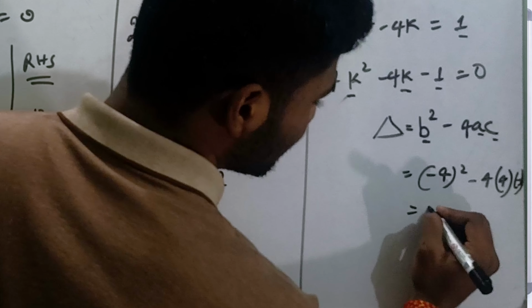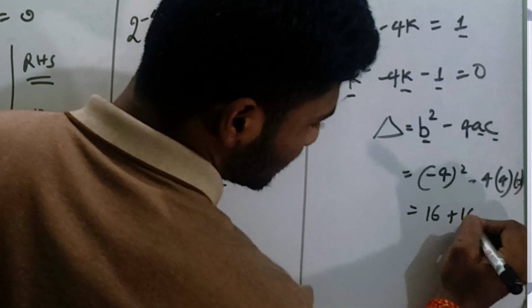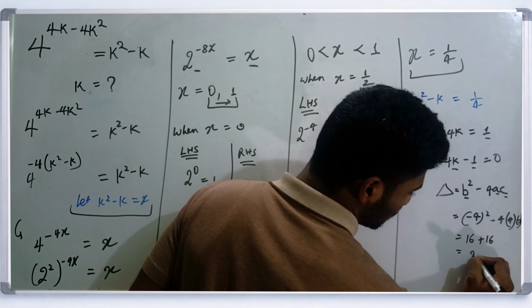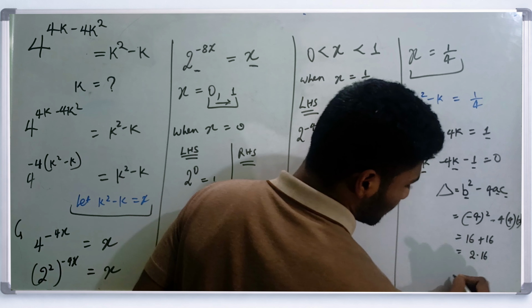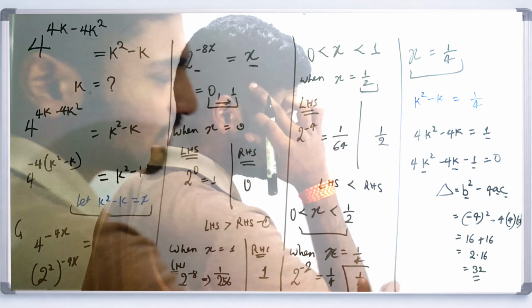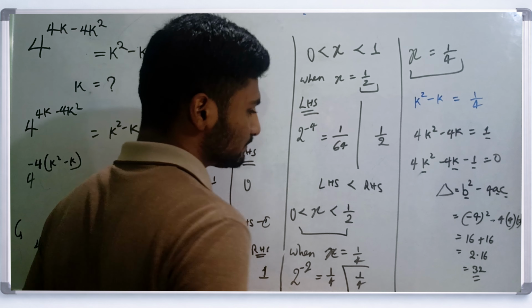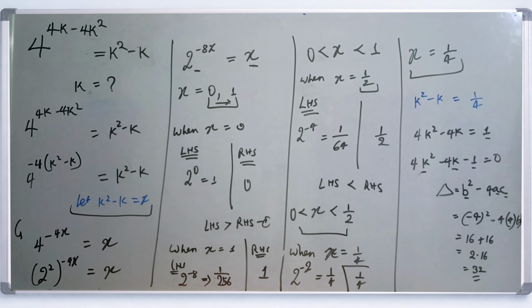So we are going to get 16. This minus and this minus cancel out, and plus 16. So we get 2 times 16, which is equal to 32. And as we are getting a positive value of the determinant, it means we are going to get a real solution. So now let's erase this part, and let's get to our answer.